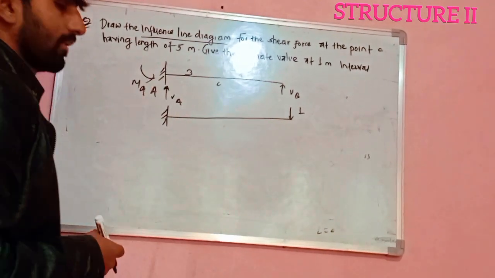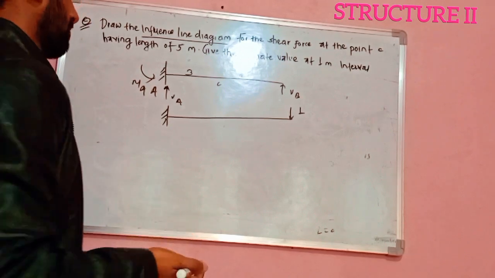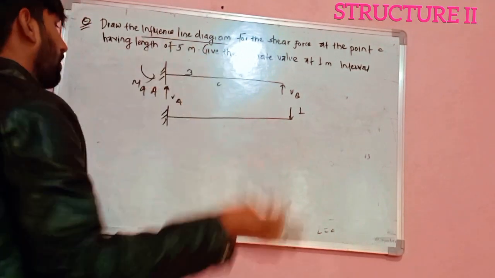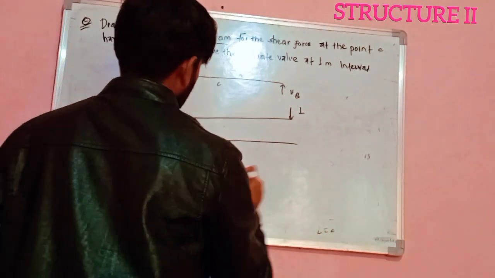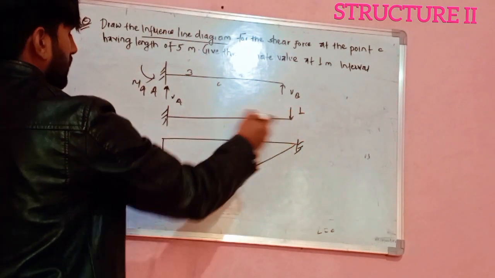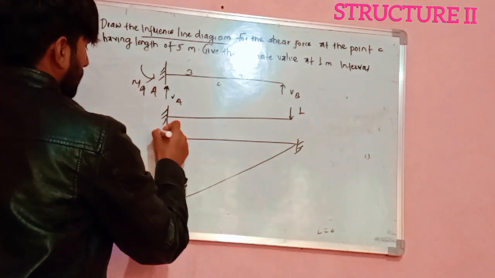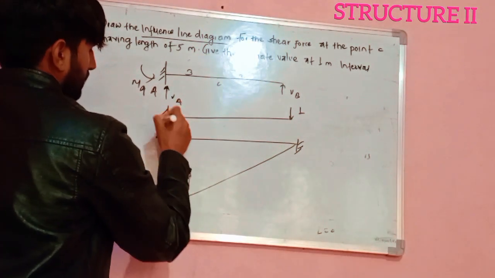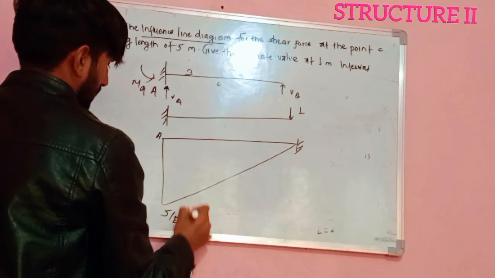Because we are going to find the conjugate beam. For that, we have to place a unit load here and remove all the other loads. For the conjugate beam, we will get the maximum bending moment over point A, because this is the fixed support, that is 1 into 5. This will become 5 by EI.